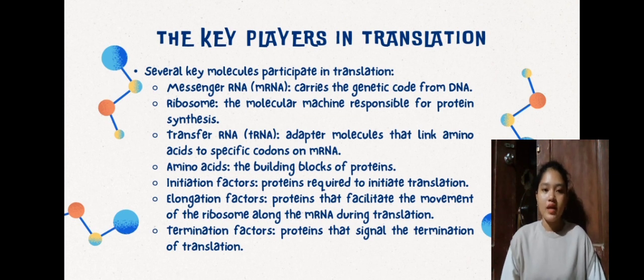But next is the foreman, or the initiation factors. These protein molecules are like the foreman who gets the factory set up and starts the building process according to the blueprint. Next is the assembly line workers, or what we call the elongation factors. These protein helpers keep the production line moving smoothly.